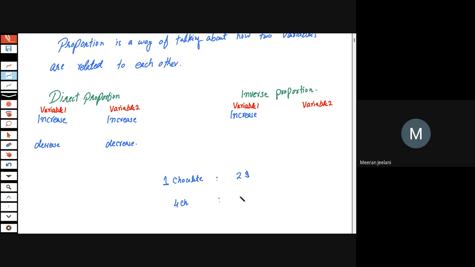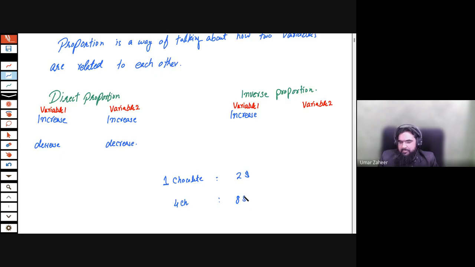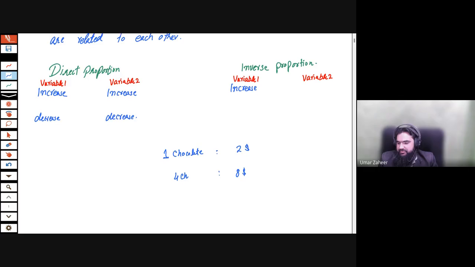It will be $8. Means if you are increasing the number of chocolates, obviously the total amount also increases. In the same way, if you decrease the chocolates, for example, if you take three chocolates, the price will be $6. Means if you decrease the number of chocolates, the total price decreases. So this is an example of direct proportion.